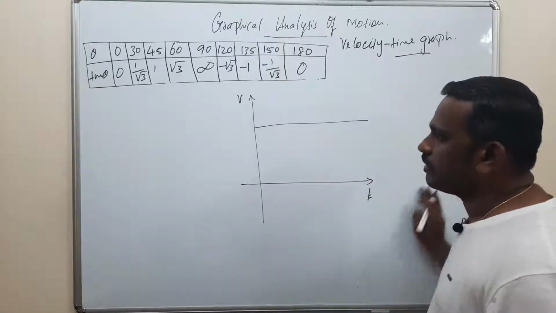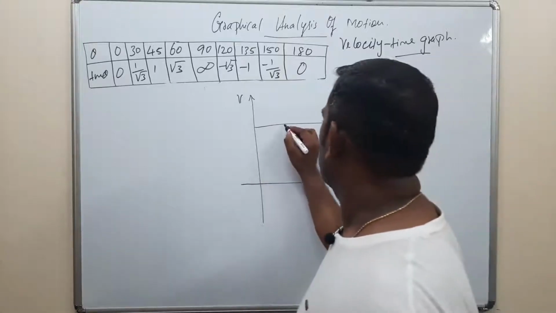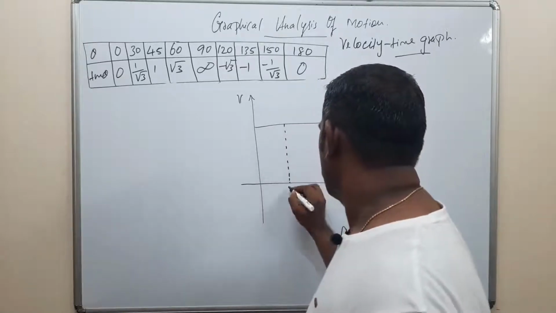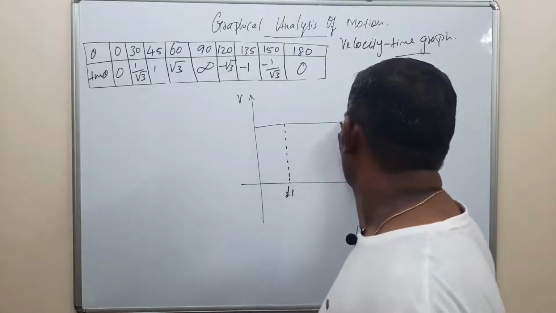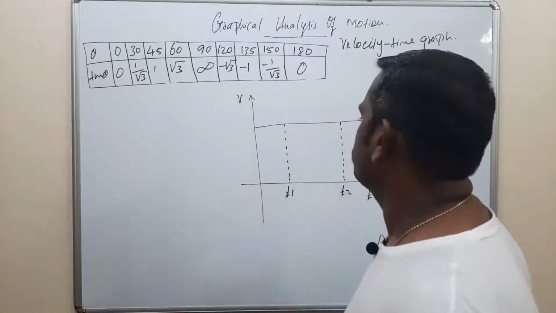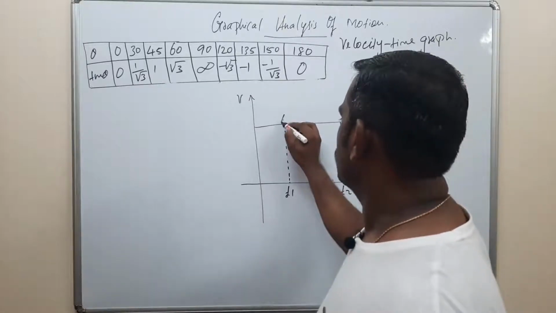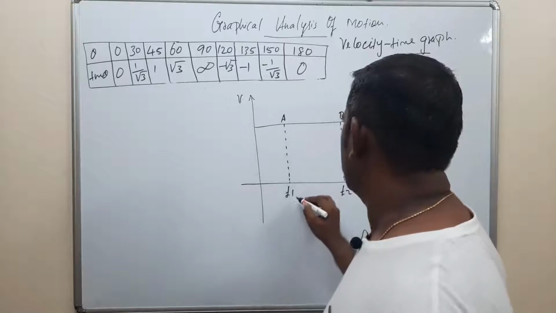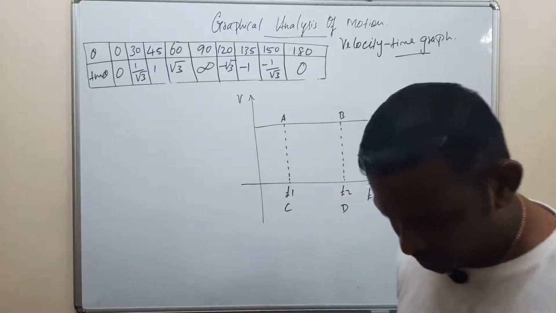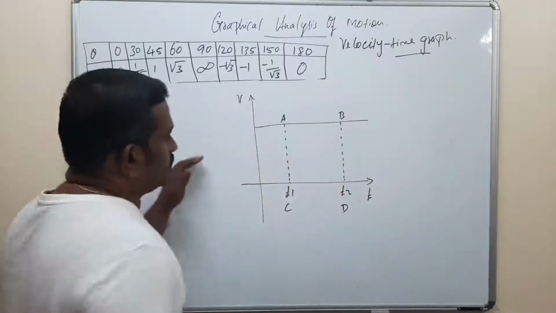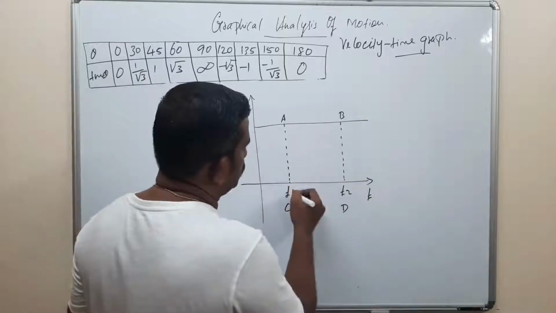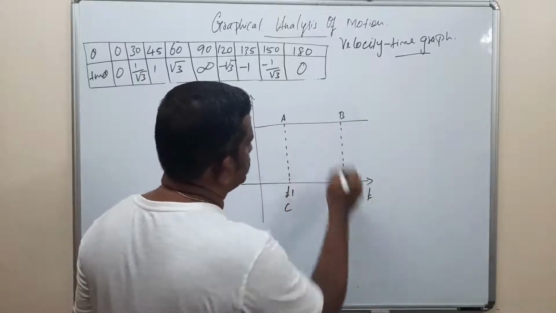Between times T1 and T2, with points A, B, C, D. So this is a velocity time graph, and this is the time T1 and T2.